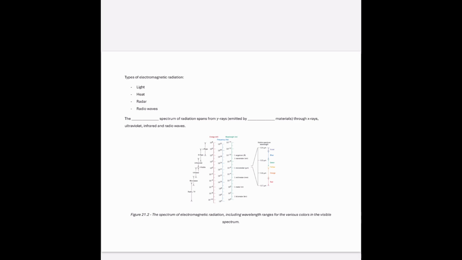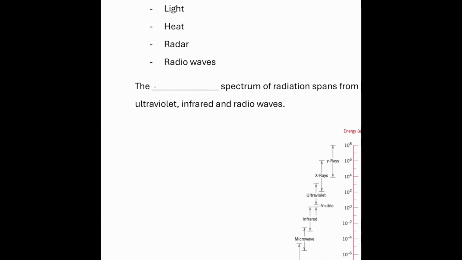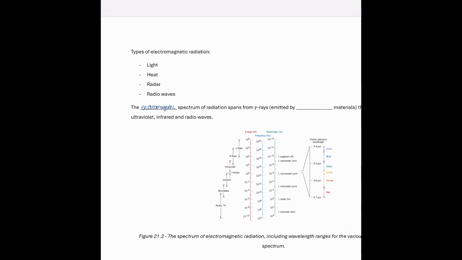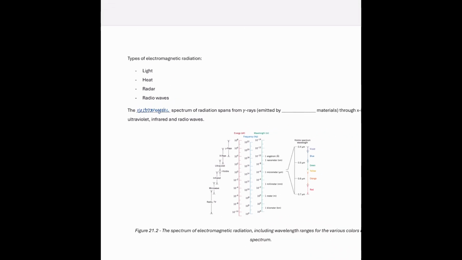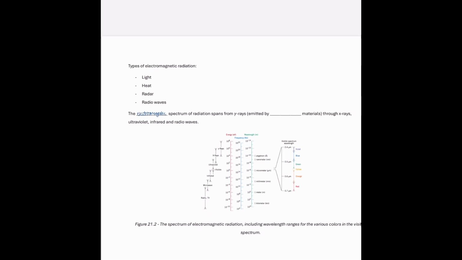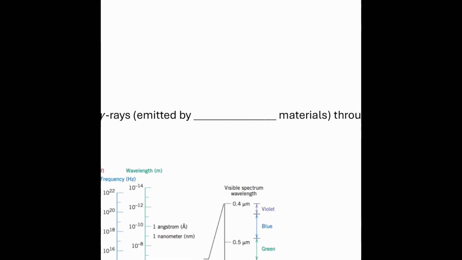And yeah, so we have a spectrum of electromagnetic radiation, which spans from gamma rays that are emitted by radioactive materials all the way through X-rays, ultraviolet, infrared, and radio waves.